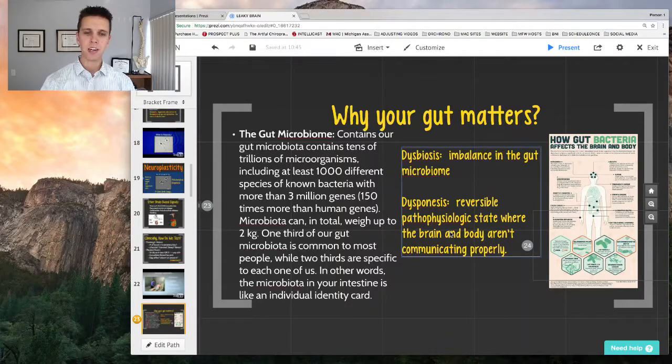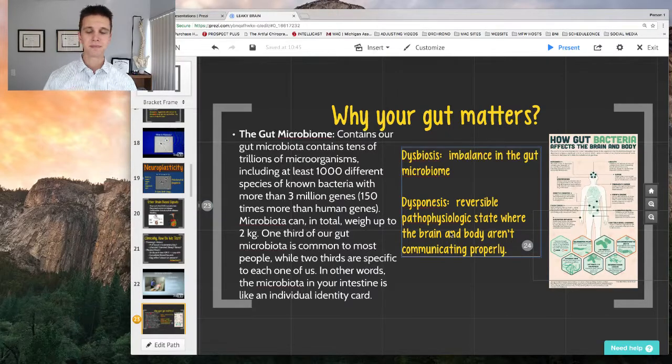But the take-home point here is the gut bacteria affects the brain because of the vagus nerve relationship, and your gut microbiome actually makes neurotransmitters. So if you've heard of serotonin, you've heard of dopamine, most of those are actually produced in the gut.